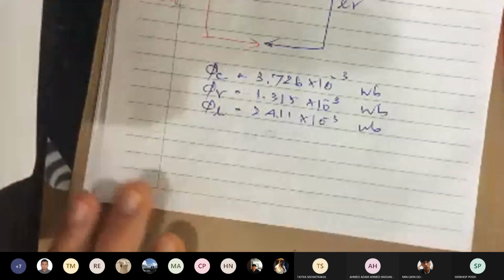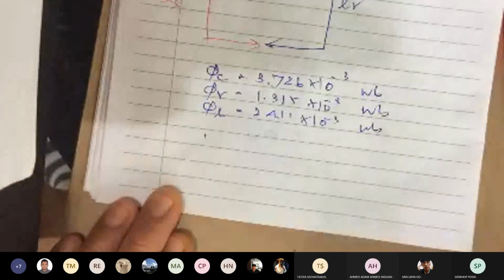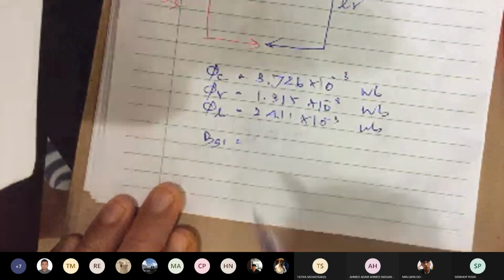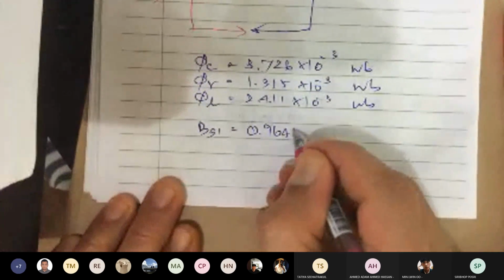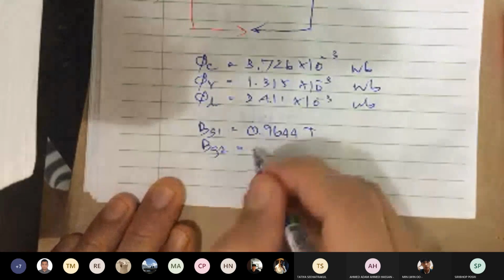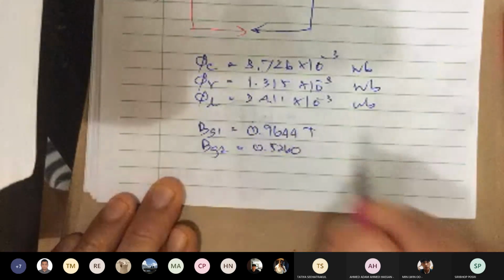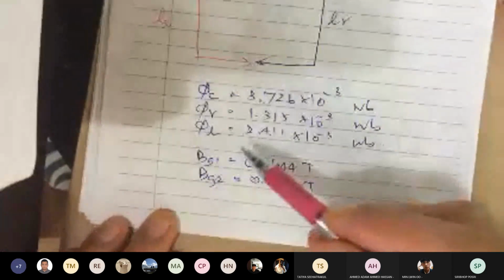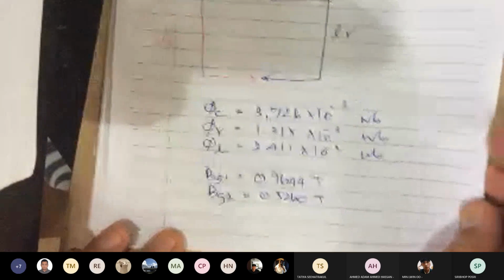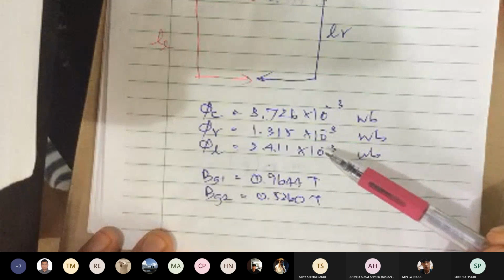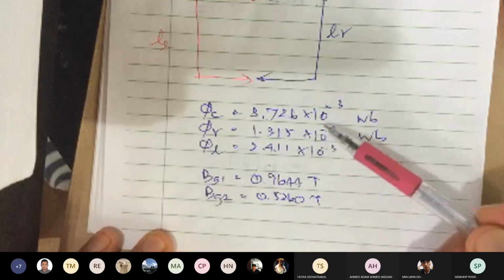Then BG1 is 0.9644 Tesla. BG2 is 0.5260, I guess, Tesla. So these are the answers for this problem. Go home and, on the weekends, try to do this for your own sake, because these will be in the midterm exam, a variation of it anyway.